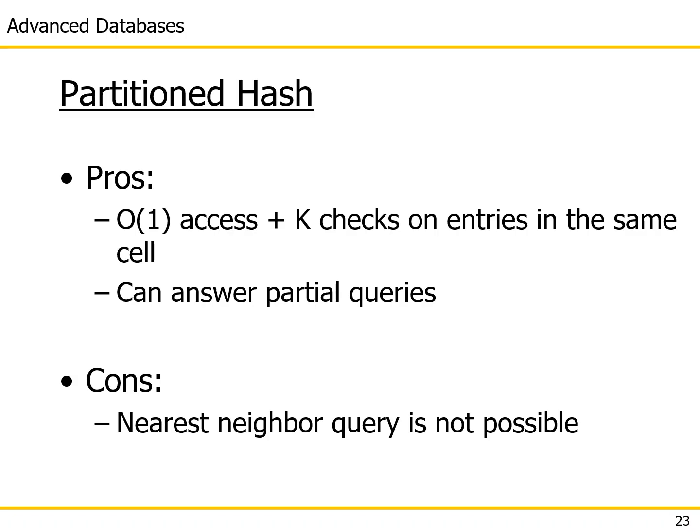So partition hash, the pros: over 1 axis plus some k checks on the entries in the same cell, obviously. Now it can answer partial queries, which is really good. Now the problem is it cannot answer nearest neighbor query. There is no notion of who's close to who.